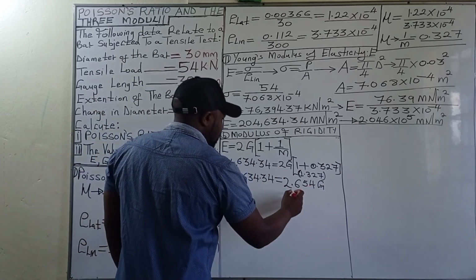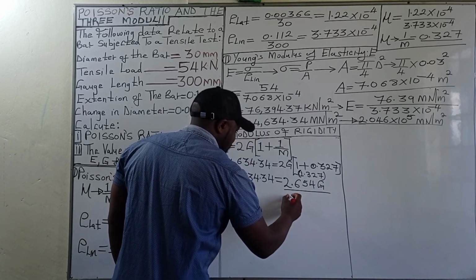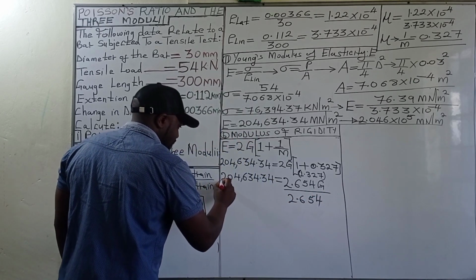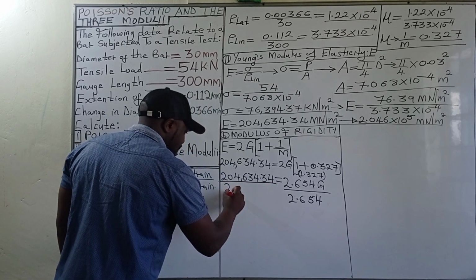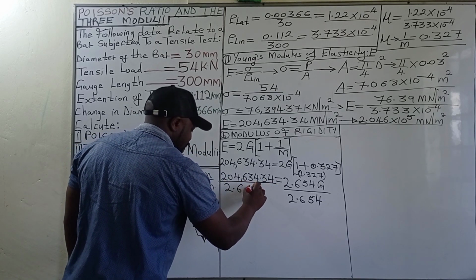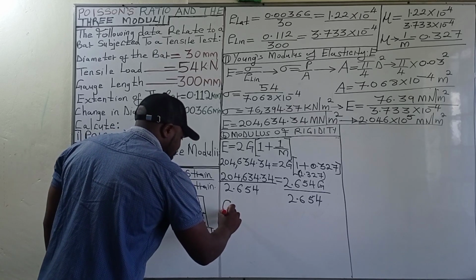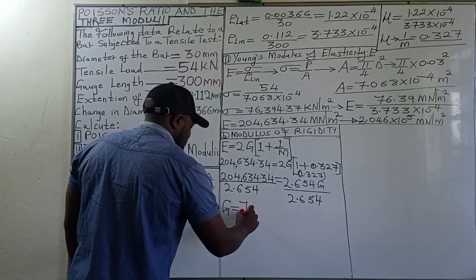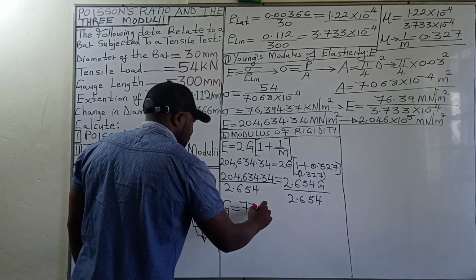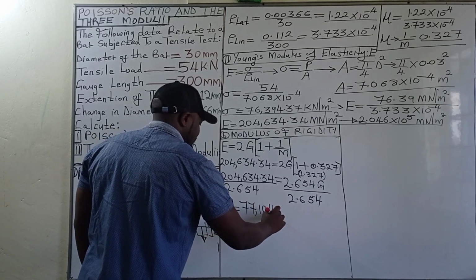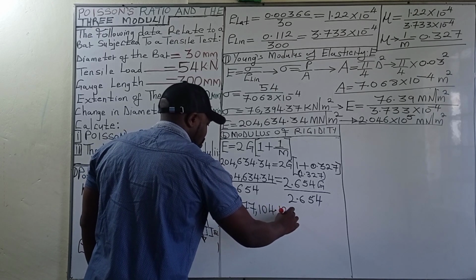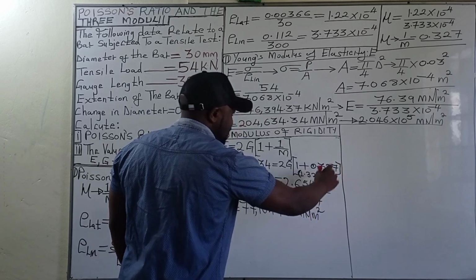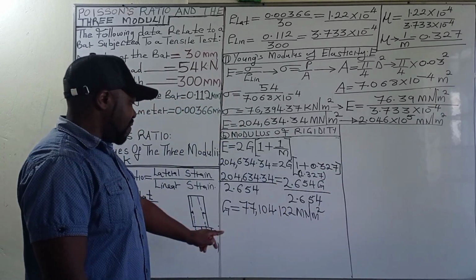Now to get the value of G, we are going to divide both sides by 2.654. And that is going to give us G, the modulus of rigidity, being equal to 77,104.122 meganewtons per square meter. So that is the modulus of rigidity.